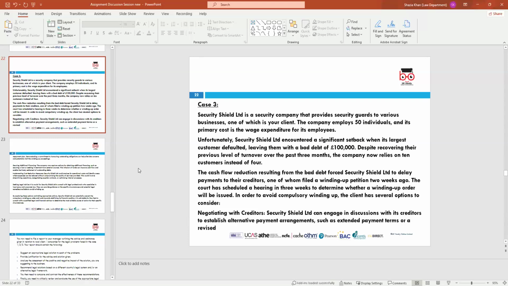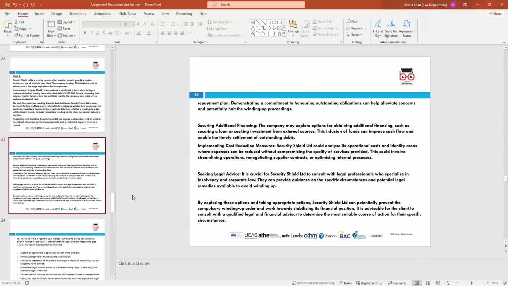In order to avoid compulsory winding up, the client has several options to consider. Firstly, negotiating with creditors. Security Shield can engage in discussions with its creditors to establish alternative payment arrangements such as extended payment terms or a revised repayment plan.